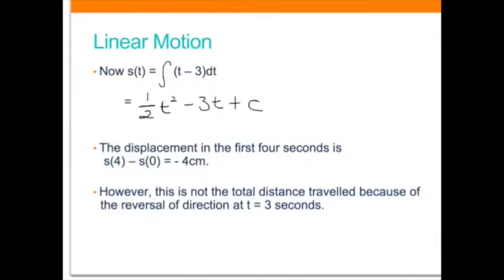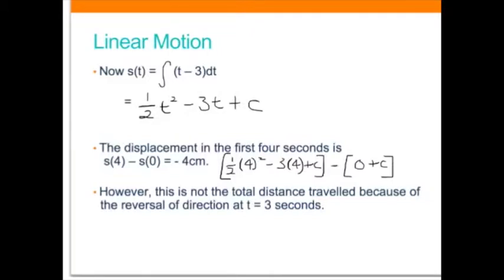Now the displacement in the first 4 seconds is S4 take S0, which is equal to negative 4 centimetres. Now if we were to actually calculate that, you'd obviously have a half, 4 squared, take 3, 4, plus C, minus, obviously, naught.